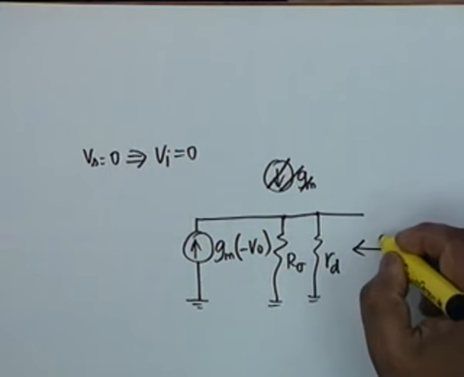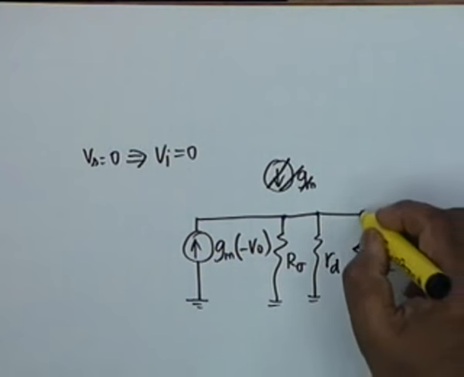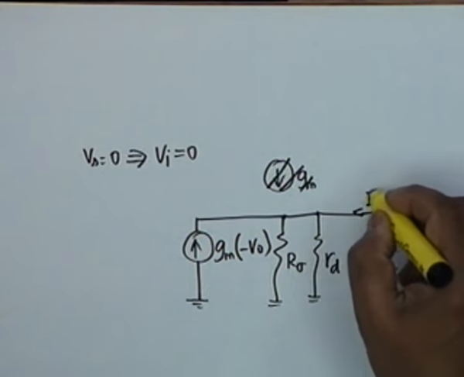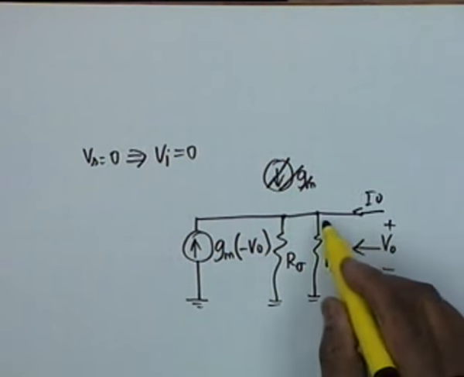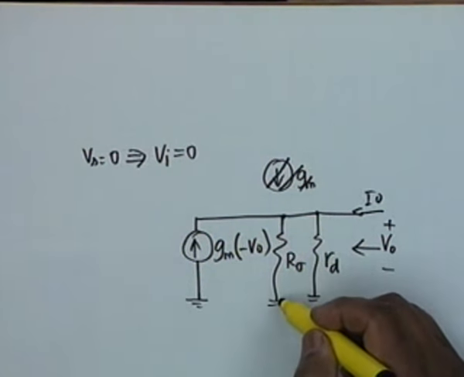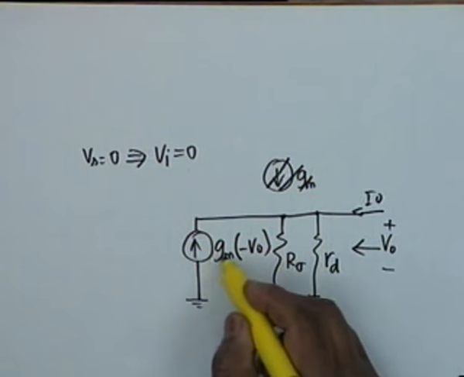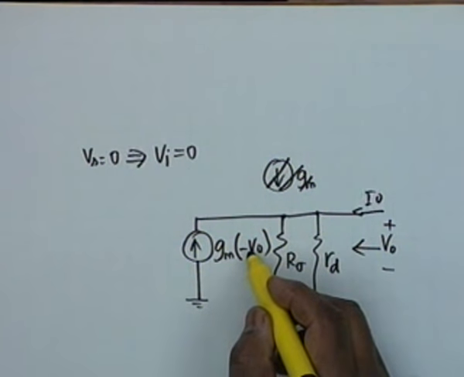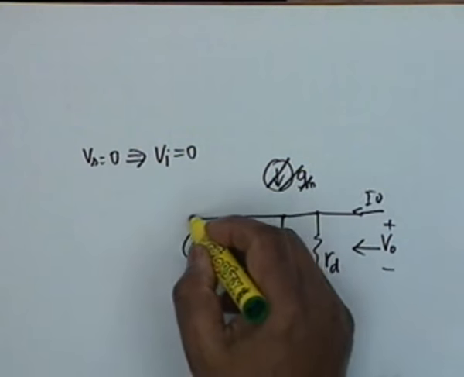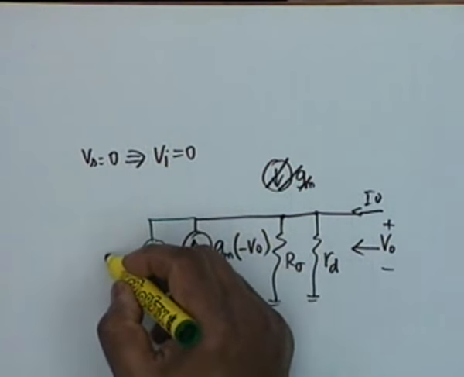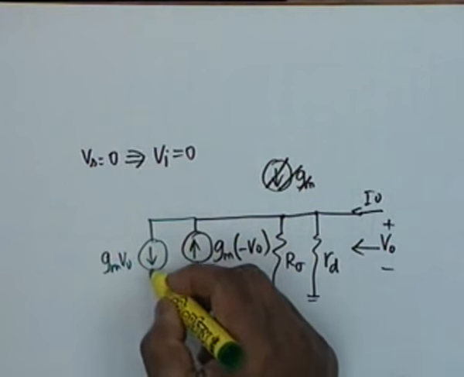Now if you notice, this is my V0 and this is the current I0. I0 will be the sum of three currents, one through RD, one through R sigma, and a current minus GM V0. Now isn't this equivalent to a current which is going out equal to GM V0, right?